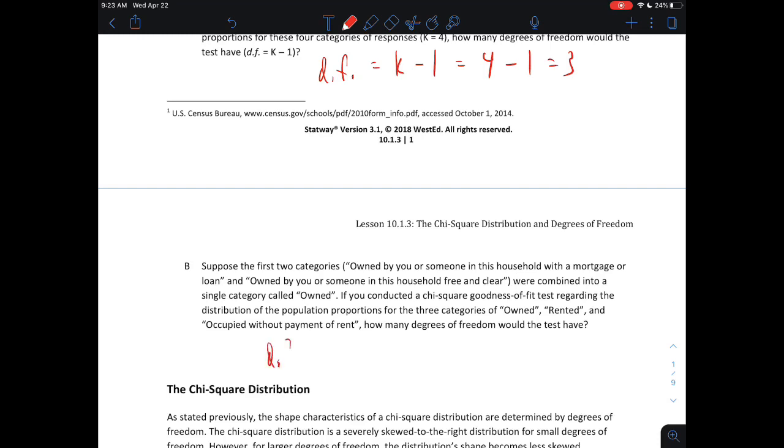So now the degrees of freedom, again, is K minus 1, but now we have 3 categories, so that's 3 minus 1, which is 2. So that gives us an understanding of how to find degrees of freedom for the chi-square distribution.